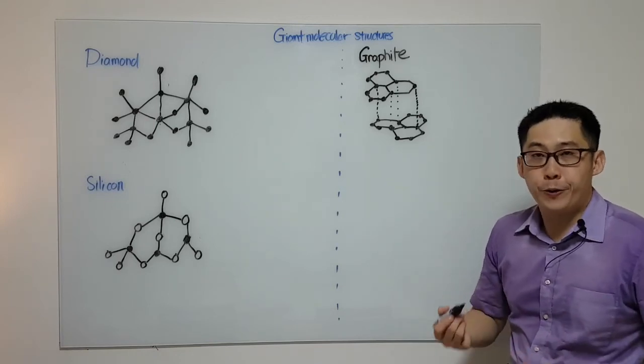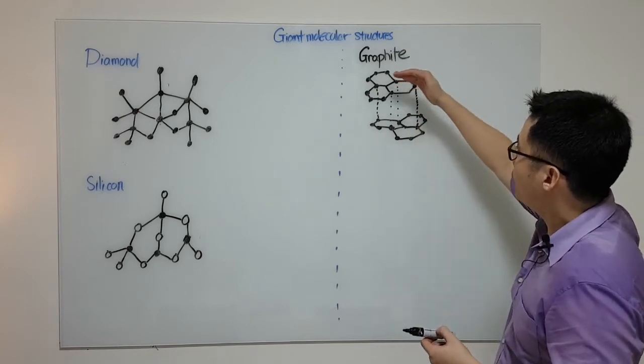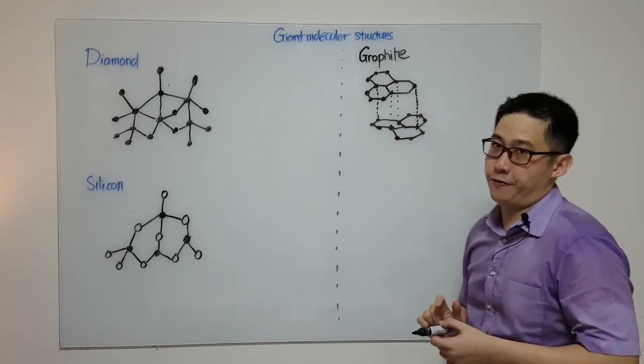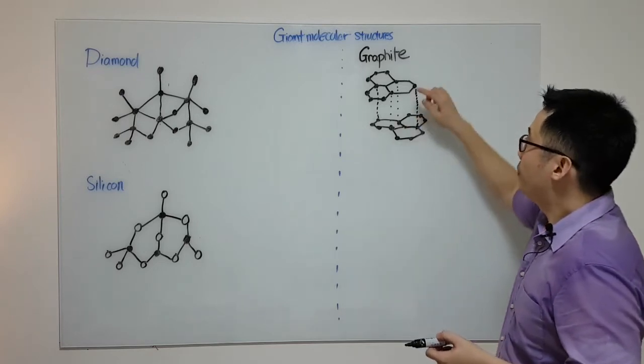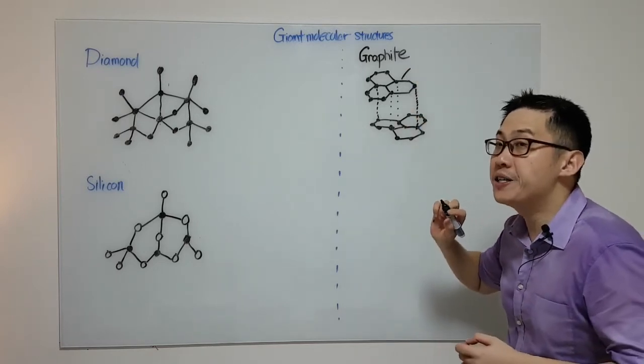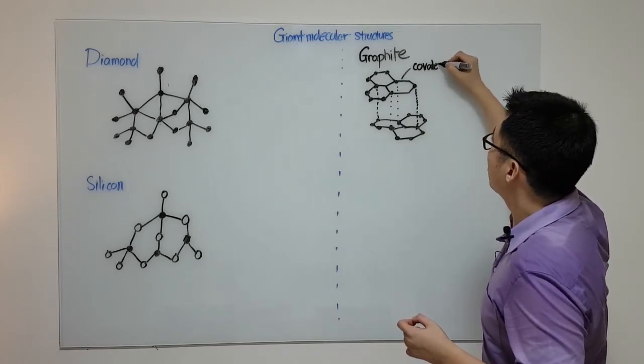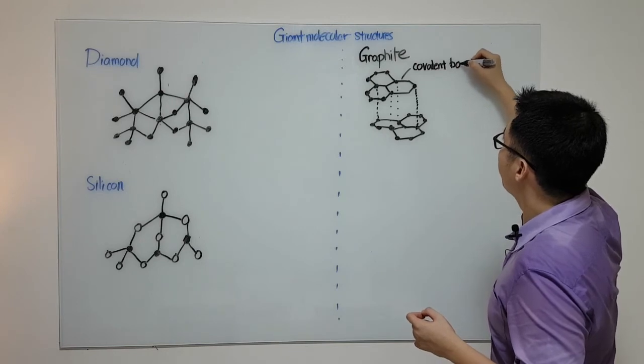Now students, in graphite case, as you can see, I've actually drawn two layers of graphite. Between the layers, the carbon atoms are bonded by strong covalent bond.